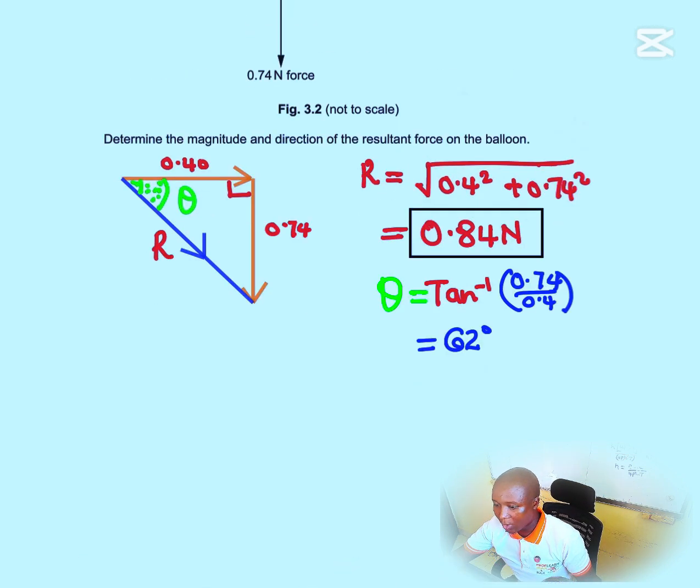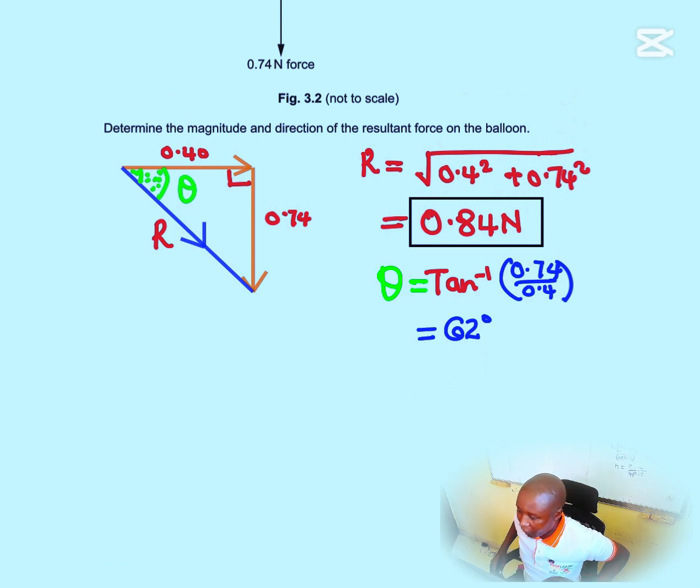But since we are told to find the direction, and force, remember, is a vector quantity, something you need to remember is that vector quantities have both size and direction, and scalar quantities only have magnitude or size but no direction. Force has both size and direction, so we need to find the direction relative to the horizontal.